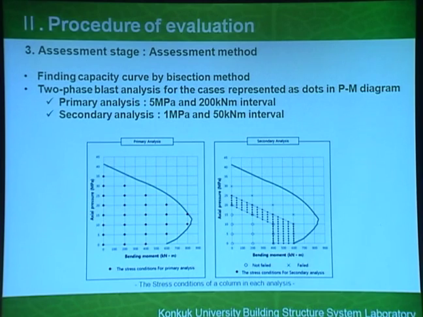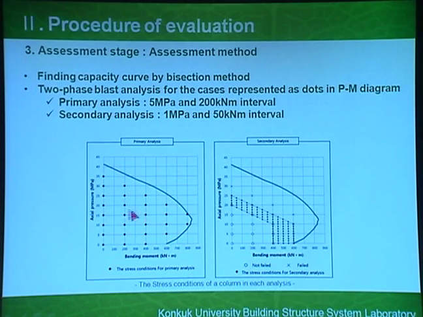The method we used here is a kind of bisection method, which is the mathematical method used when you want to find the root of an equation, a kind of trial and error. Also, we use two stages of intervals. At the first stage, we use coarse intervals, like these cases.